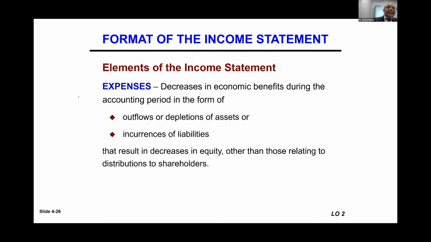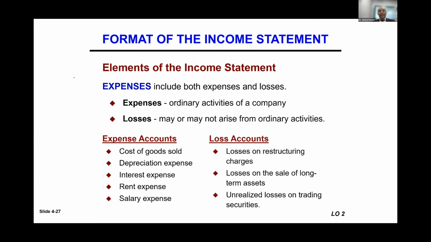What about the second category, the expenses? It is money that you pay in order to run your business, and it has two categories. First, expense, which is money you pay for the normal, ordinary activities of the business, such as rent, insurance or salaries. But losses are any money that you lose or spend in areas that are not ordinary business.